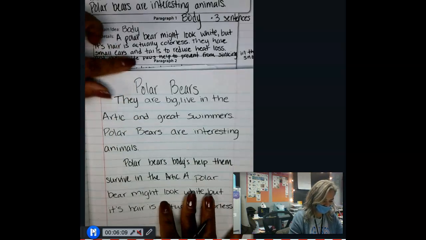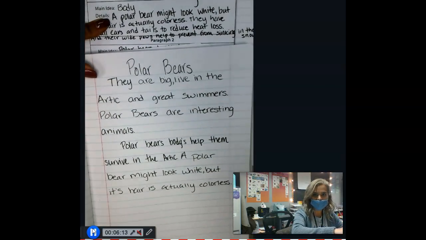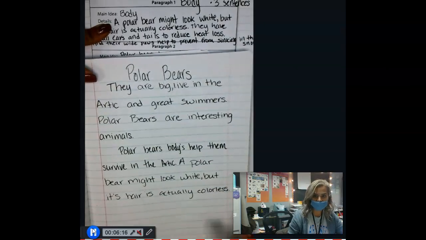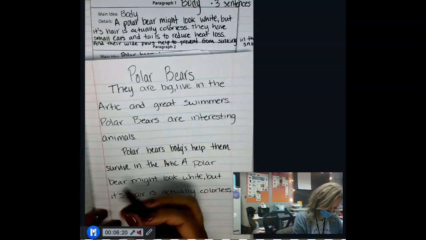Please notice that all I'm doing now is just rewriting my sentences that I wrote in my graphic organizer, and I'm just putting it into my body paragraph 1. So then I would continue with my next sentence.